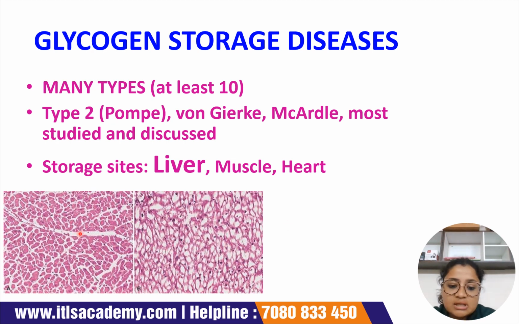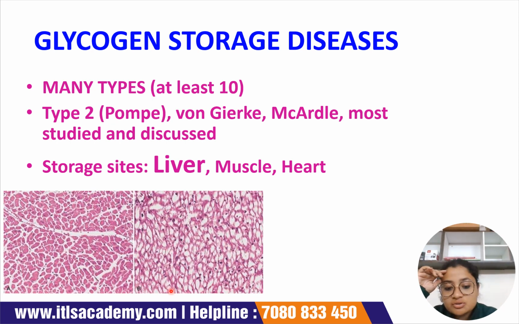Okay, and this is a nice microscopic view of the different liver, muscle, and heart tissues where we can locate glycogen. This is basically the diagram of a histologically stained tissue. Whenever we are talking about histologically stained tissue, the two important stains used for routine histological staining are hematoxylin and eosin.